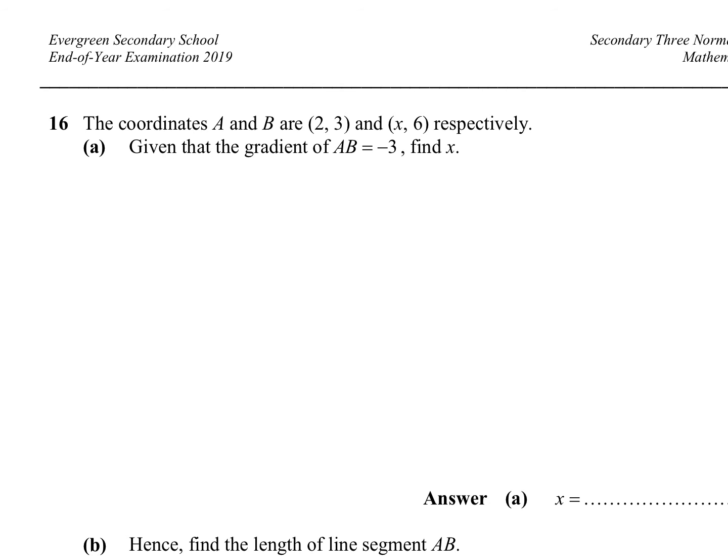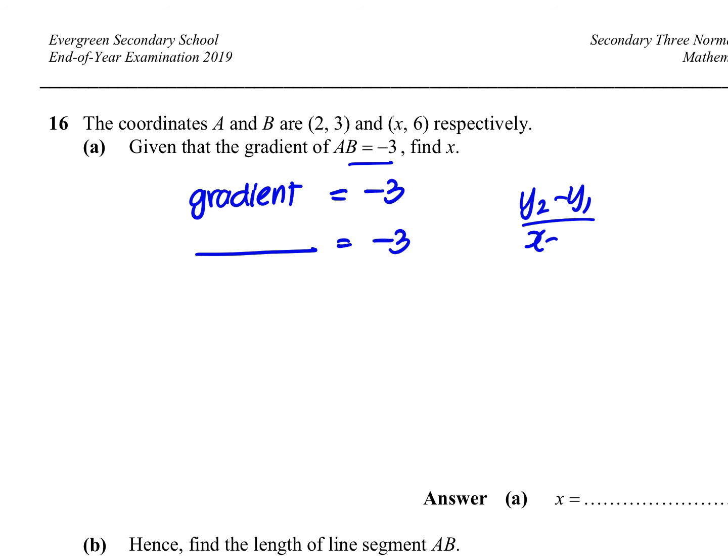Okay, the coordinates A and B are this. Given that the gradient is equal to -3, I like to form an equation, so there's always a left hand side and a right hand side. So I have gradient equals -3. How do you find the gradient formula? y2 minus y1 over x2 minus x1.